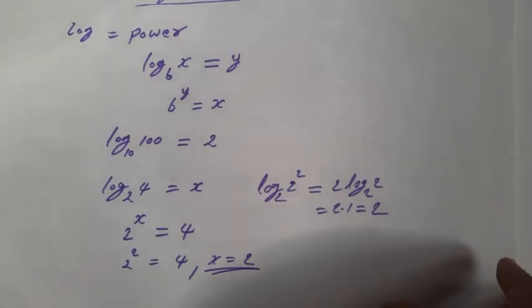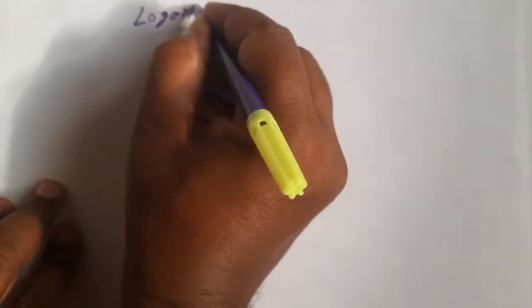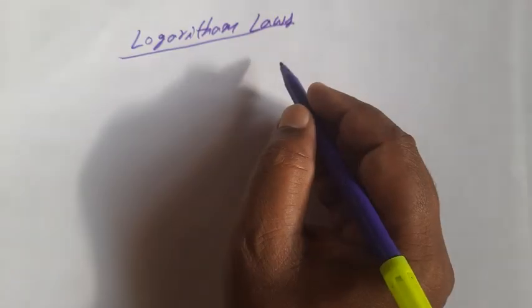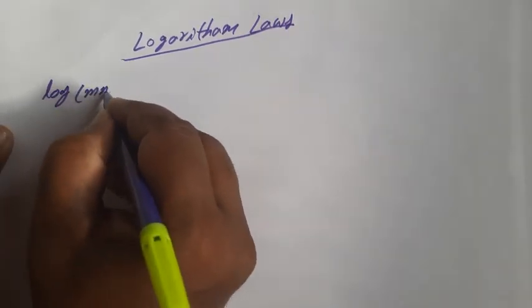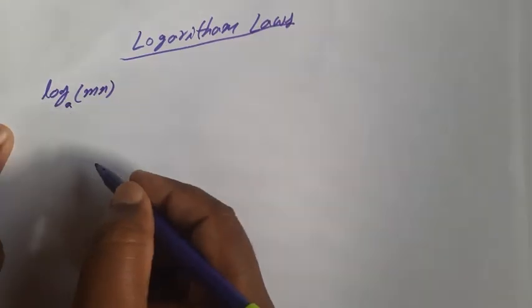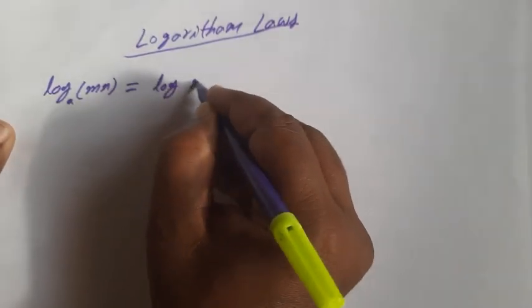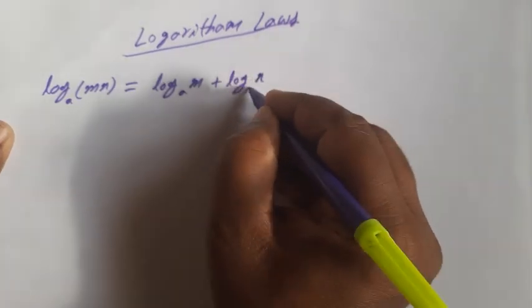Now we will discuss the logarithm laws. Logarithm laws are nothing but some formulas which we have to remember. First, take two numbers which are multiplying: log mn base a equals log m base a plus log n base a.